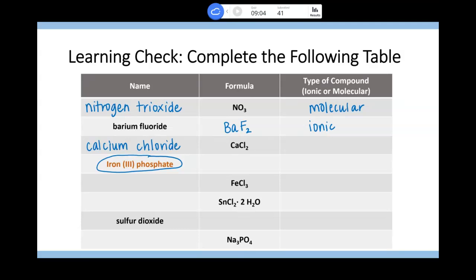We don't use a prefix when we have ionic compounds, so calcium chloride. And then this is ionic. Iron 3 phosphate, we have iron, and if you look up phosphate, it has a -3 charge, so these combine in a 1-to-1 ratio. We have FePO4, ionic.